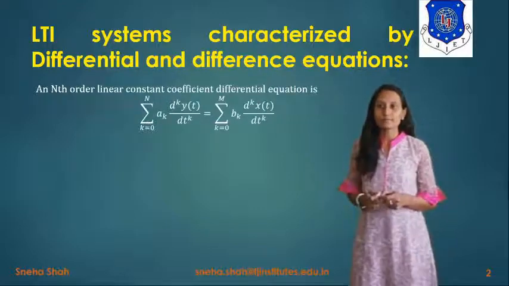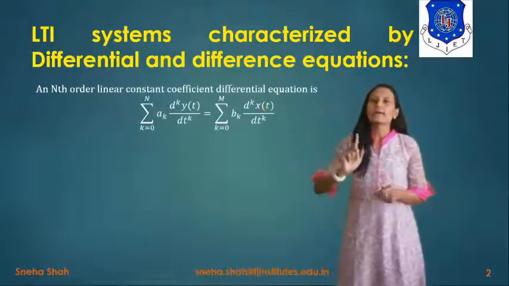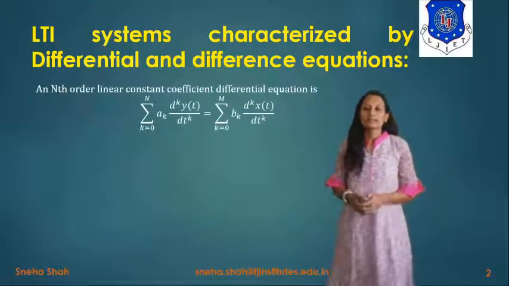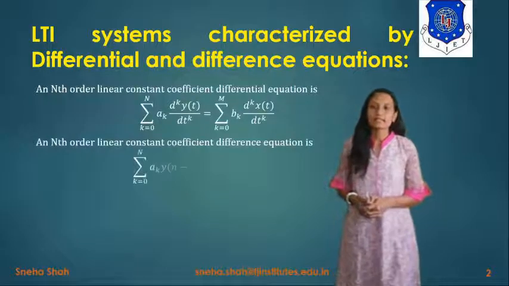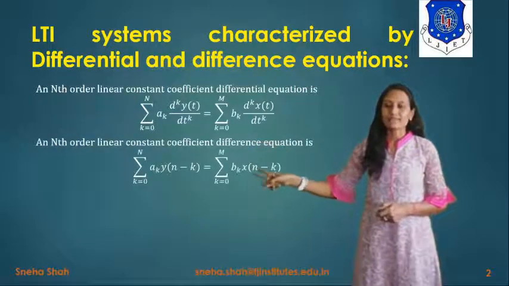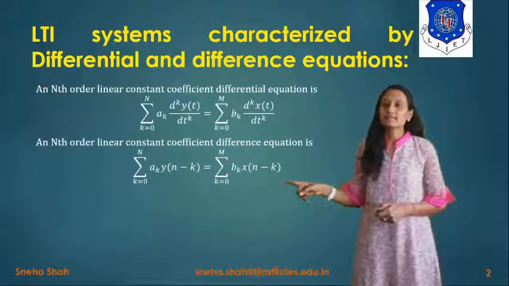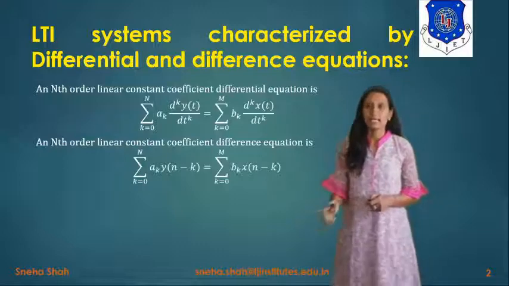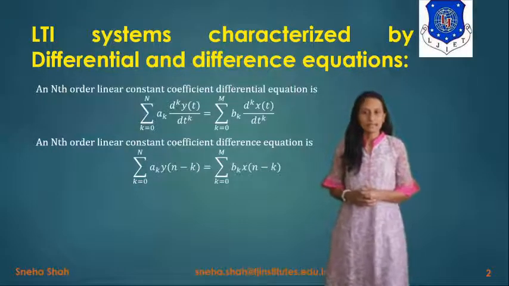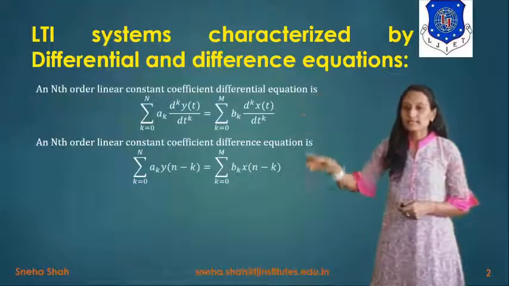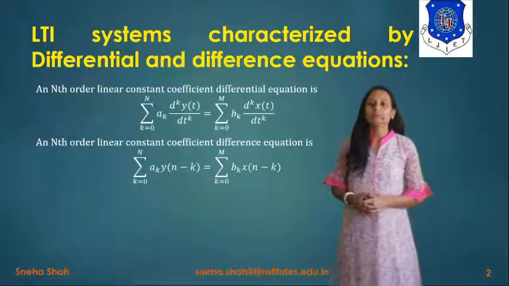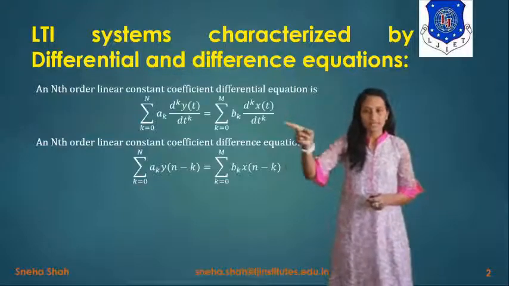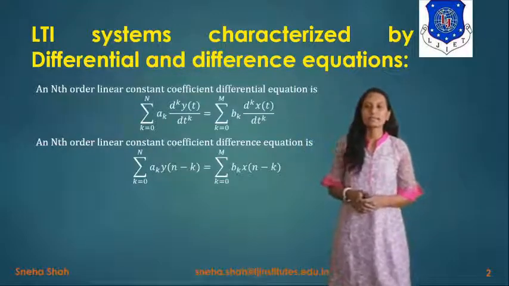This term can also be represented as summation k equals 0 to n of a_k y[n-k] equals summation k equals 0 to m of b_k x[n-k] for the discrete time signal. So this one is for the continuous time signal and this equation is for the discrete time signal. In general we write like this.